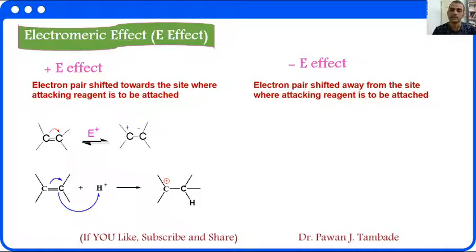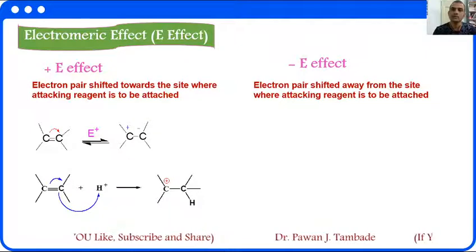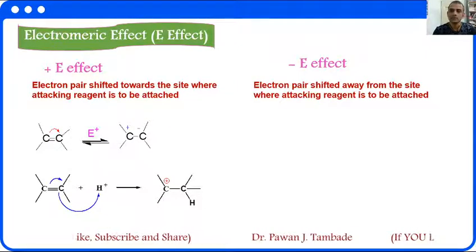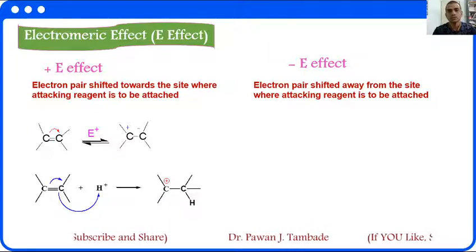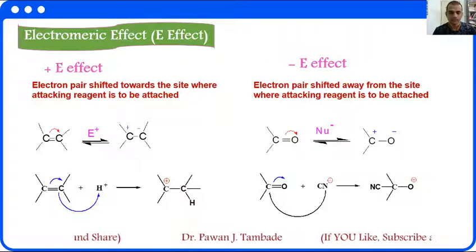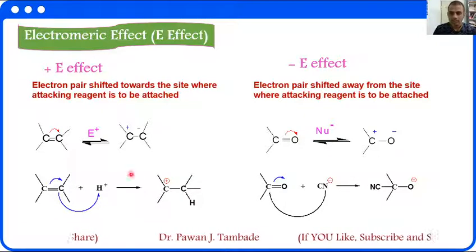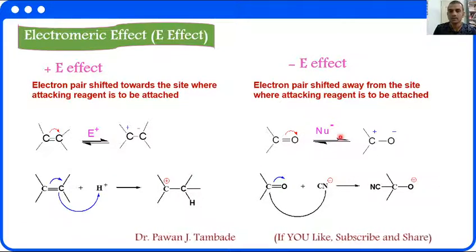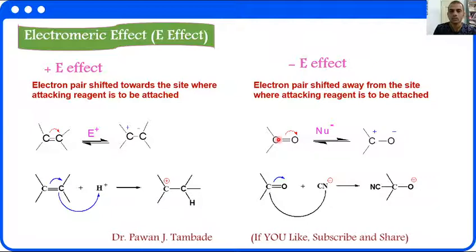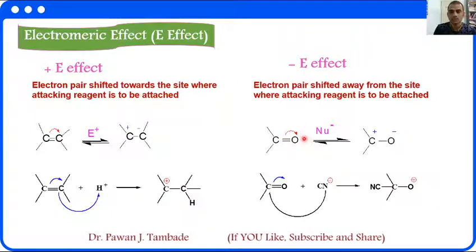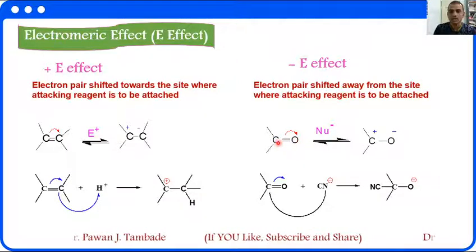Minus E effect. The electron pair shifts away from the site where the attacking reagent is to be attached. Just the opposite of the plus E effect. Just look at one example. When this carbonyl species is exposed to some nucleophile, then this carbon-oxygen double bond opens to oxygen. So that oxygen will get a partial negative charge and carbon will get a partial positive charge.